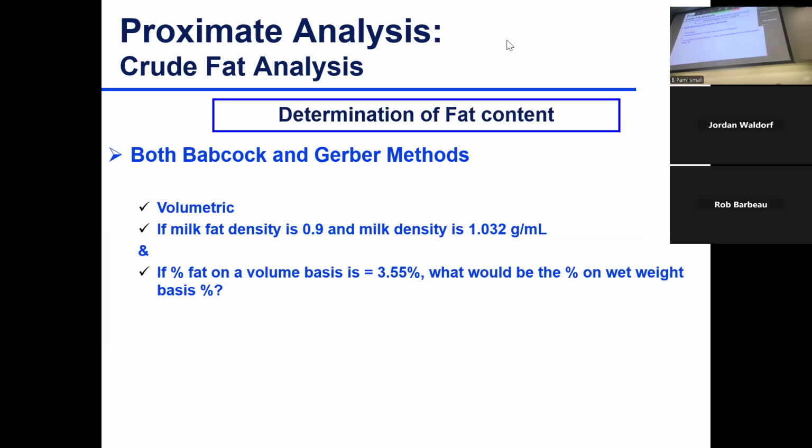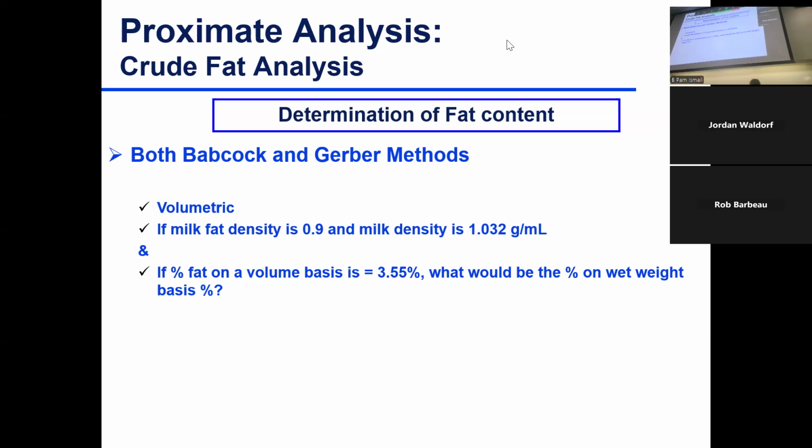So what is the density of milk? 1.032 grams per milliliter. And the volume is my 100 milliliter. This is 100 milliliters, so units cancel. And that means 103.2 grams.